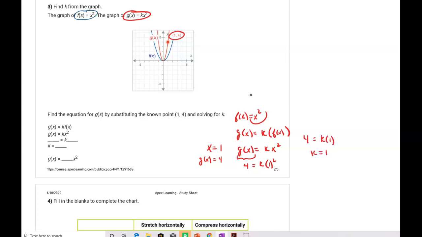So right away, I solve and I get k is equal to 4, so g of x equals 4x squared. Another way to look at that is using the 1a, 3a, 5a. If I go over 1, I went up 4. So over 1, up 4 tells me that k has to be 4.